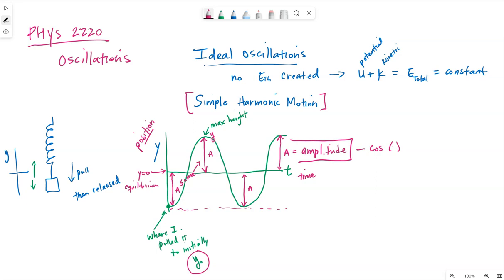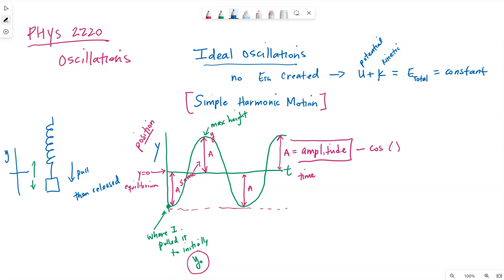In SI units, that would be in meters. We could certainly write it in centimeters, millimeters, that type of thing, depending upon how big those distances are. All right, so amplitude is something that is going to be characteristically describing these oscillations.